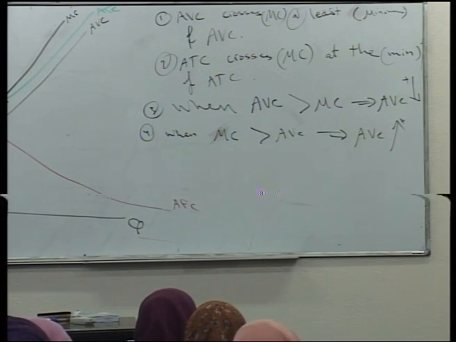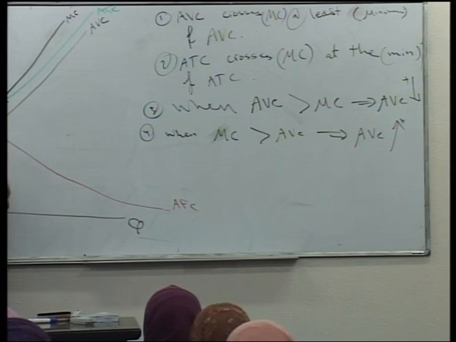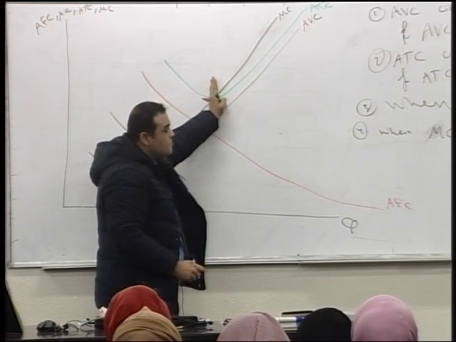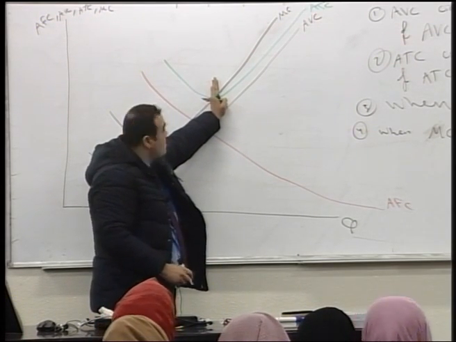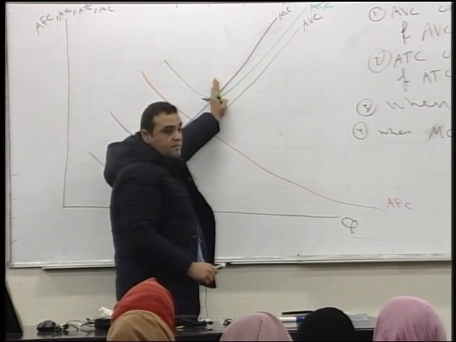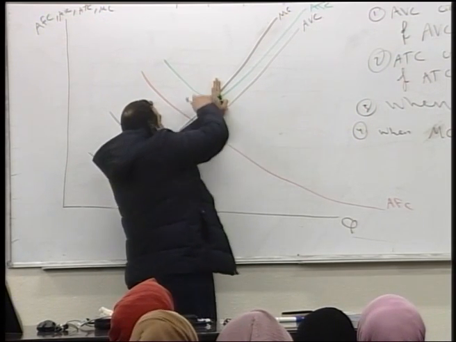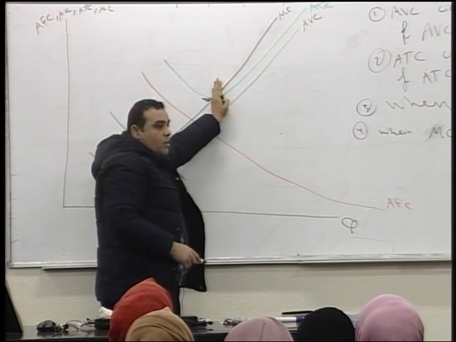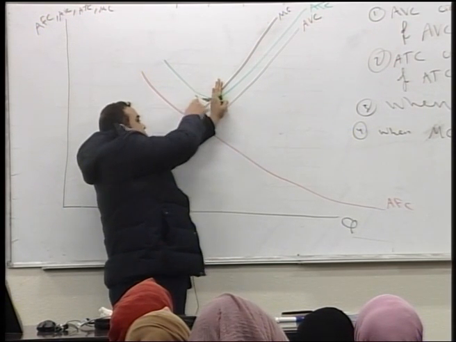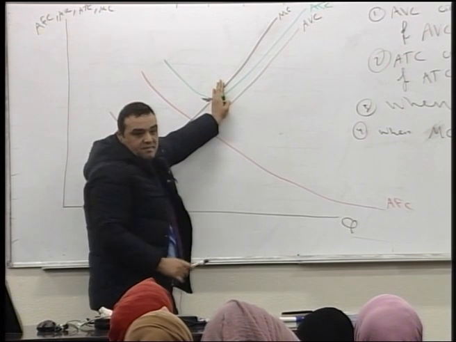What else? Here, point B. The same for the ATC and MC. When ATC is bigger than MC, ATC is decreasing.